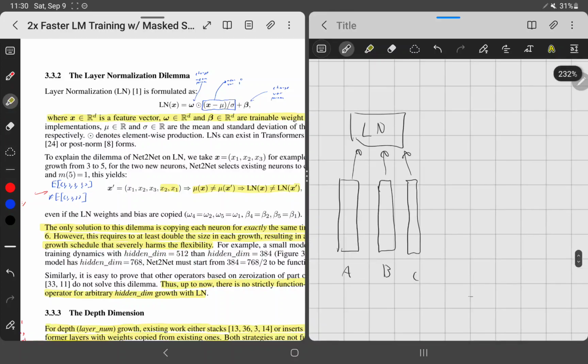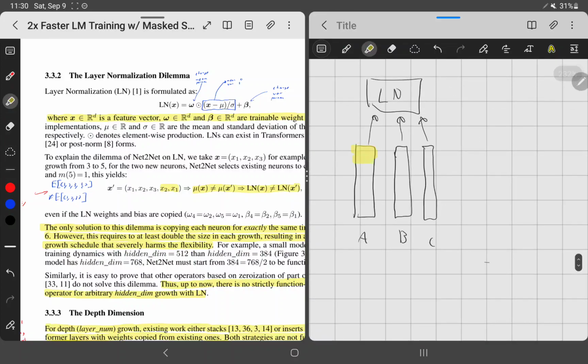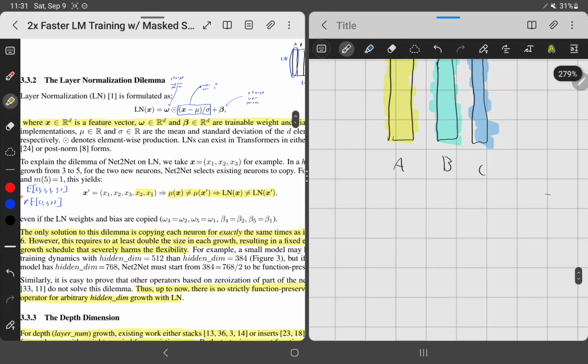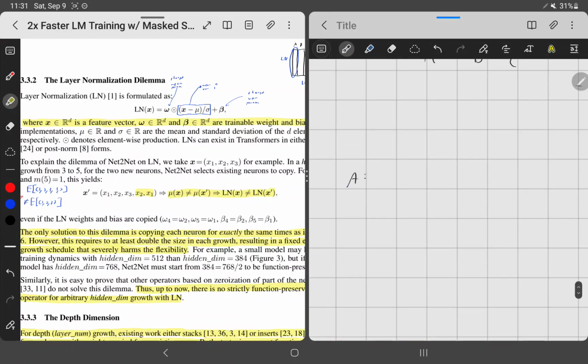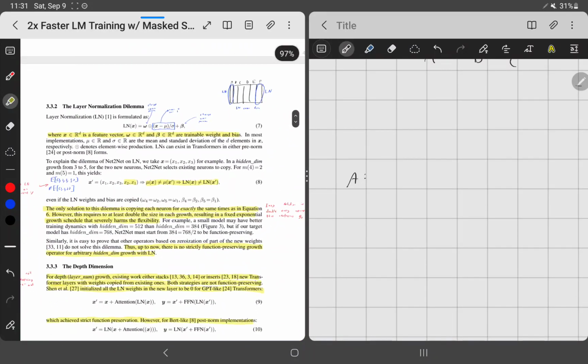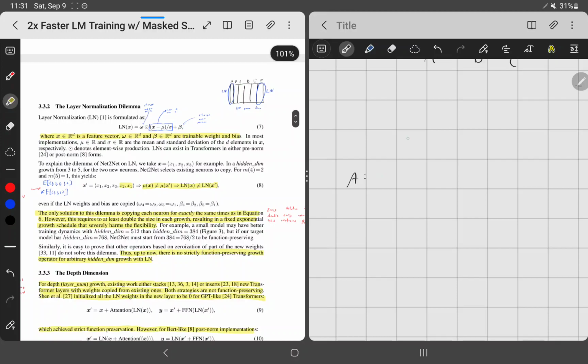The way layer norm normalizes is over this dimension here individually, and then it would normalize over this dimension individually, or this entire vector individually, and then it would normalize over this dimension individually, according to the statistics of that. So maybe our A vector has values like 1, 2, 3.